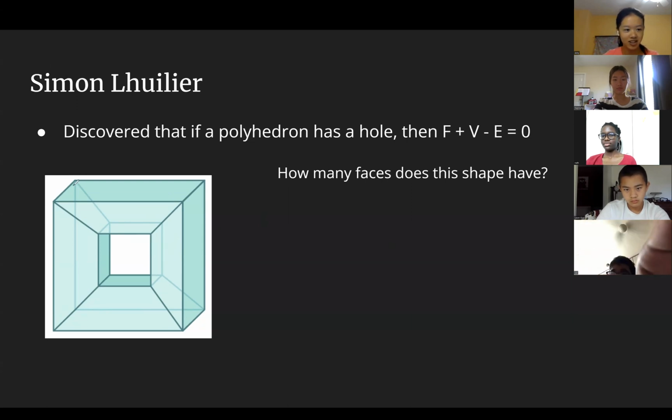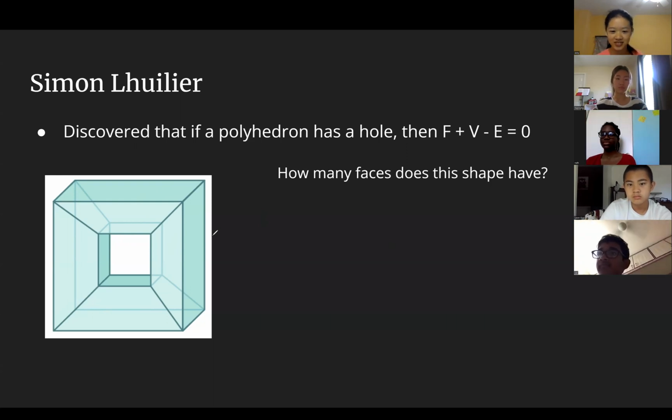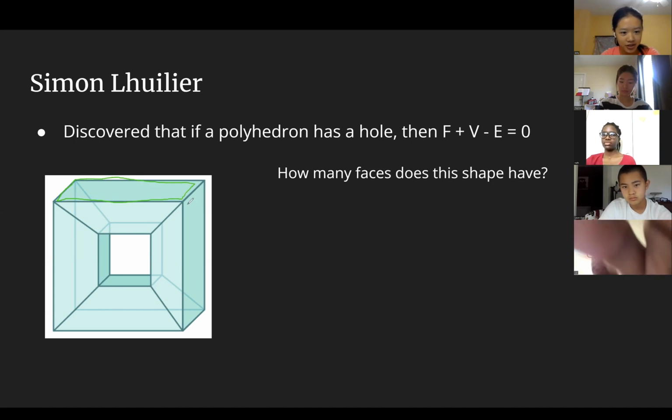It might take you a moment to count. This is a more challenging counting problem. Okay, I see a lot of 12s and a lot of 16s. Let's count it together. We have one face up here, another face here, a face on the very bottom, and a face on the left.